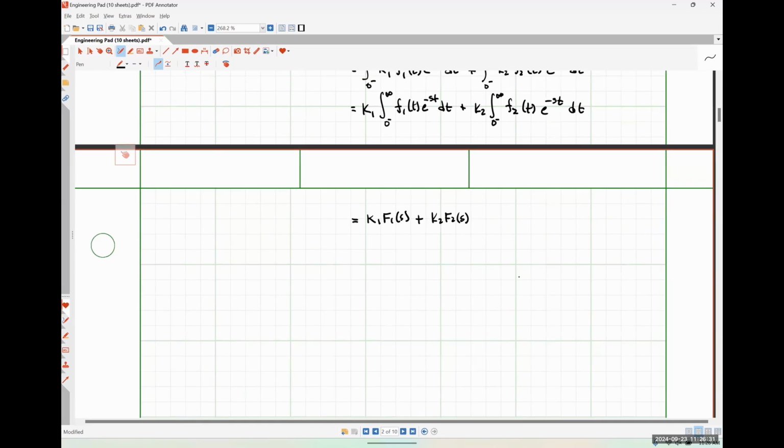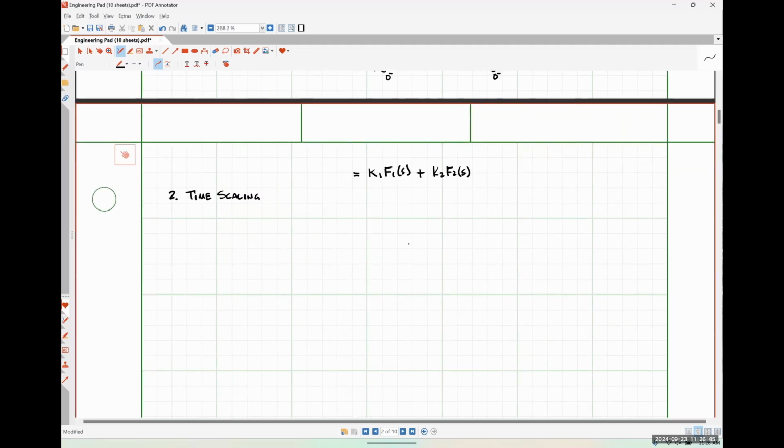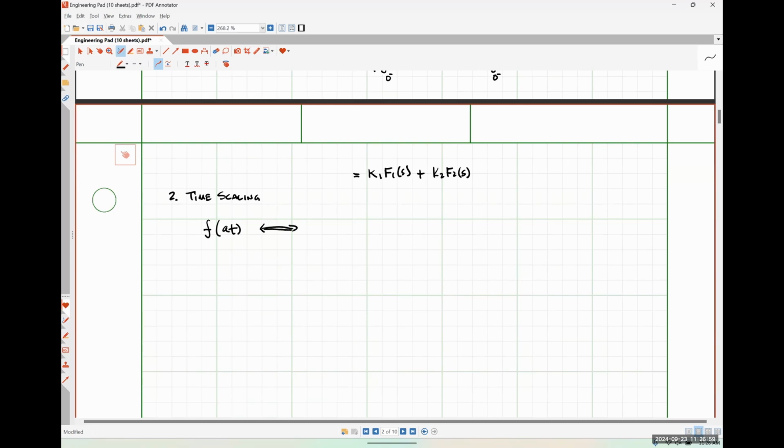Our second property is the time scaling property, which effectively says that if I stretch my time axis by some factor of a, this corresponds to a shrinking of the s-axis and amplitude of my Laplace transform by the same factor, and vice versa.